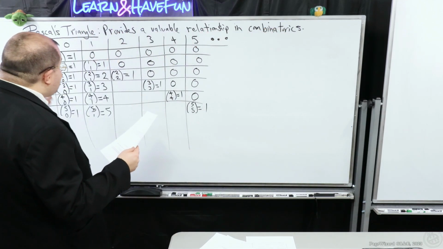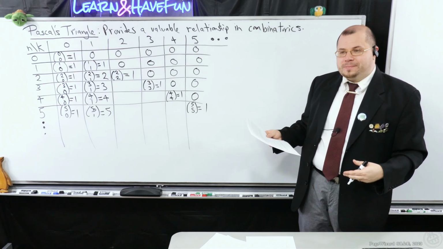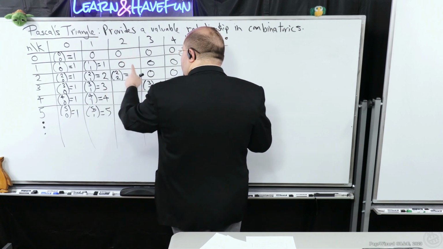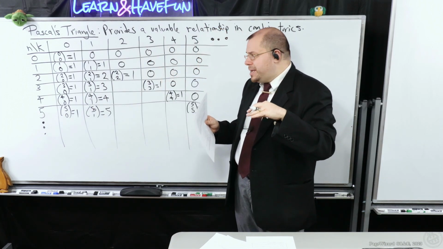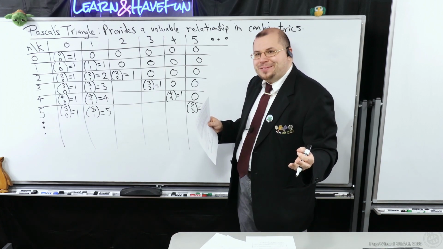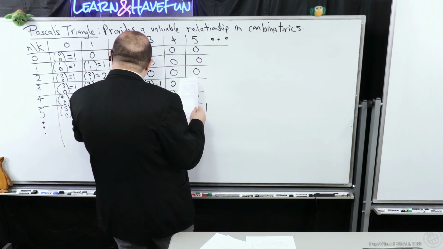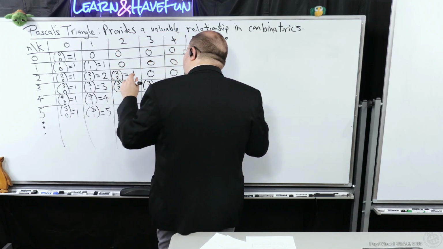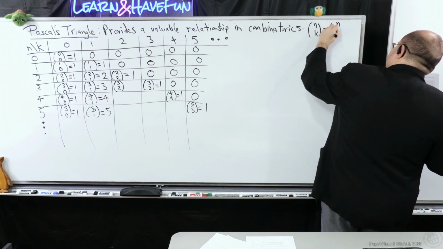So now armed with the material that you do know, what can we fill in here? Well, we'll notice that there's this one here. That's 3 choose 2. Remember, we know that n choose k is equal to n choose n minus k, right?